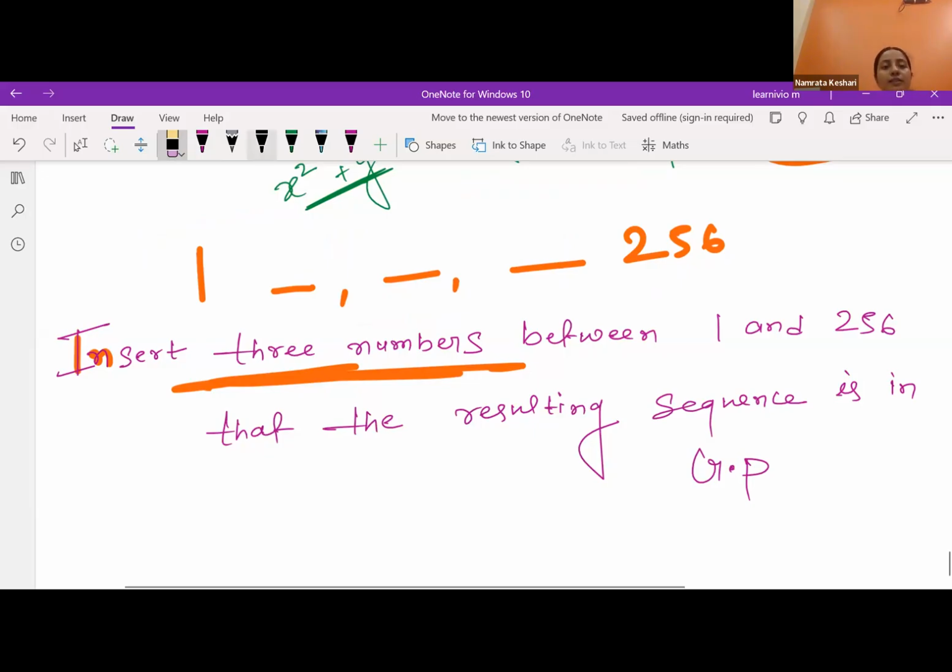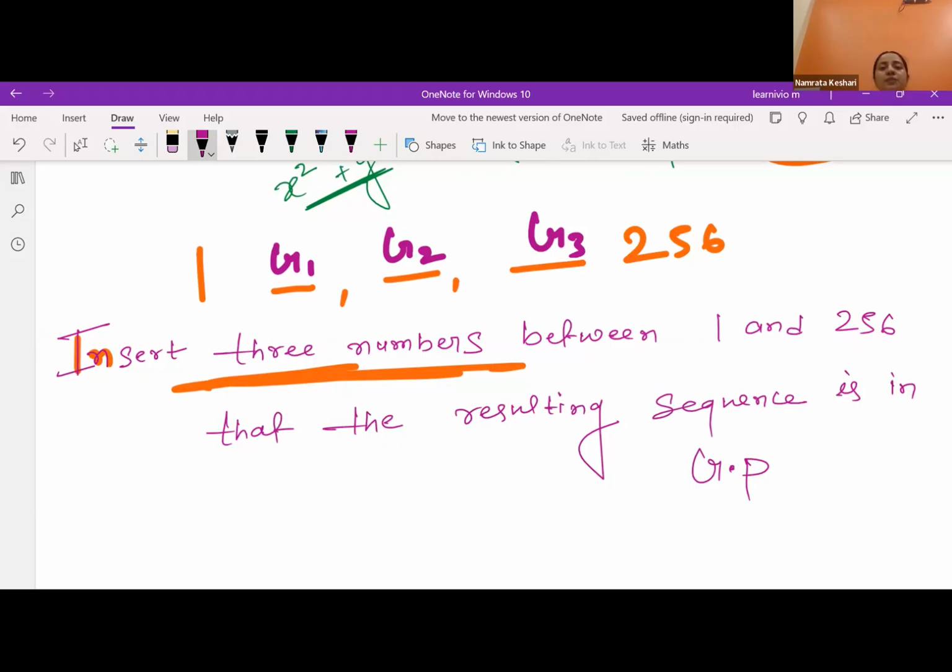We will say that suppose we are introducing three numbers which are g1, g2, g3. It's not mandatory that you have to assume g1, g2, g3 only. You can take a, b, c, x, y, z, whatever you want. So we are supposed to insert three numbers.